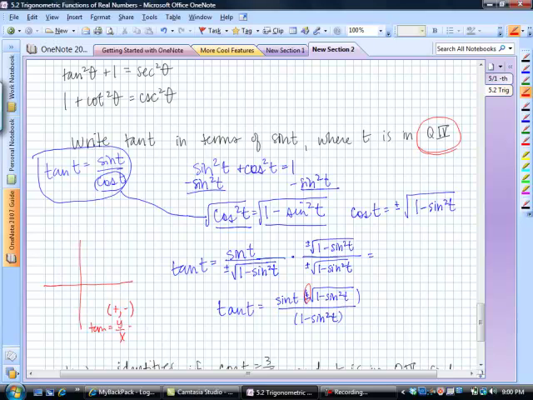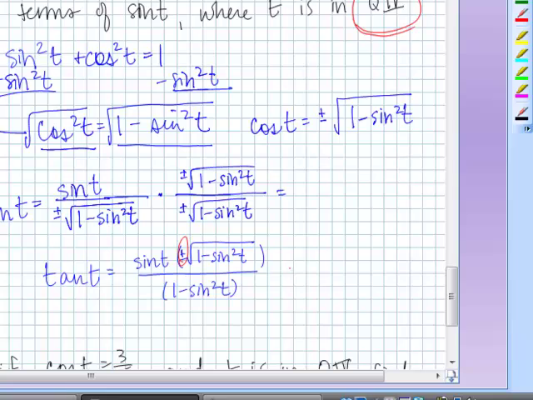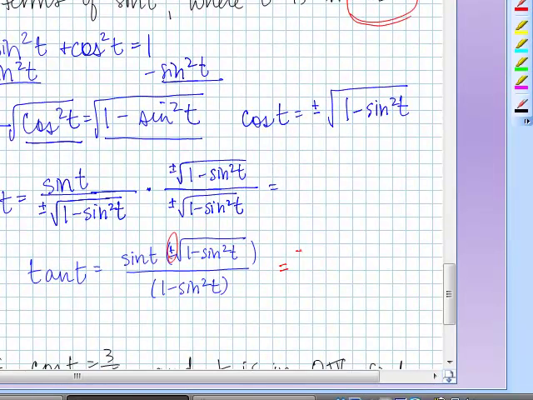So tangent is going to be negative over positive. So what is negative over positive? Negative over positive is negative. So your answer is actually going to be negative sine t times the square root of 1 minus sine squared t over 1 minus sine squared t.